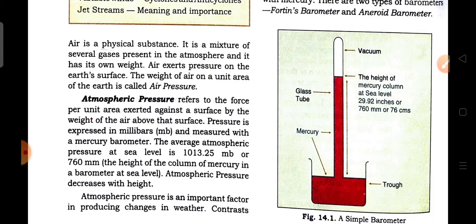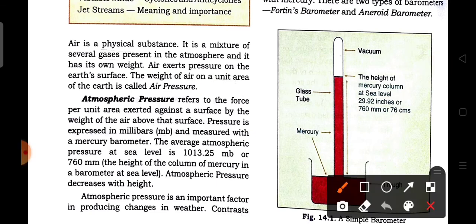Which means the force in a unit area that is exerted against any kind of surface by the weight of the air. The pressure the air exerts on any surface is called atmospheric pressure above that surface.